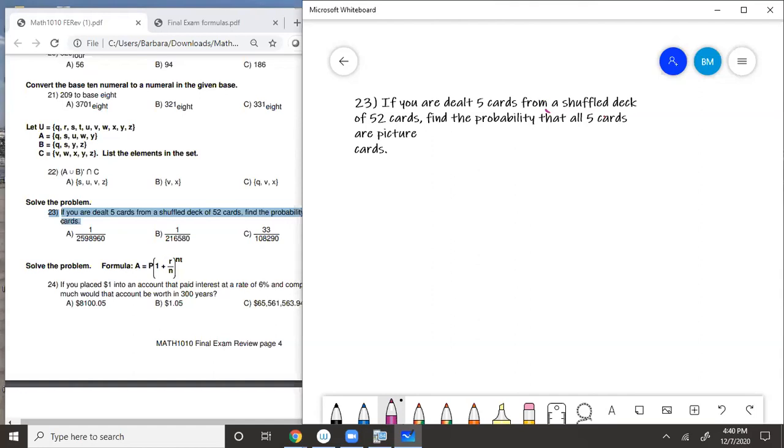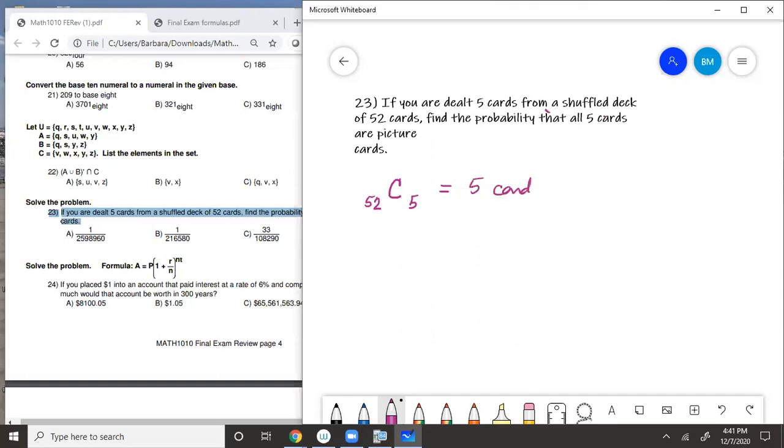So we want to find the probability that all 5 are picture cards. So this is the combination of 52 cards in a deck taken 5 at a time. That's the total number of ways we could get a 5-card hand, right?